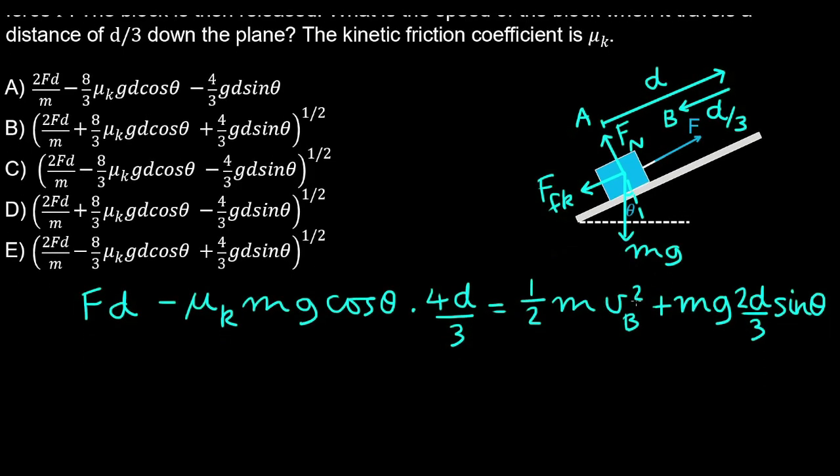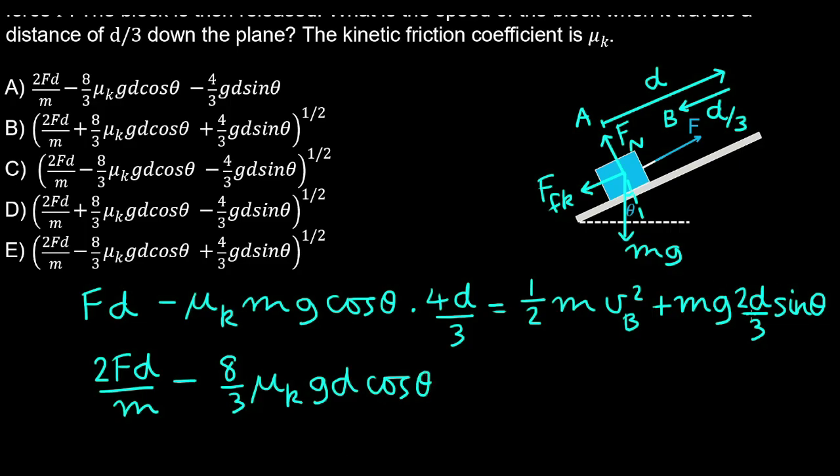And now we can solve for the speed at B. So multiplying through by 2 and dividing through by m, we get 2fd on m minus 8 on 3 by mu k by gd cosine theta.